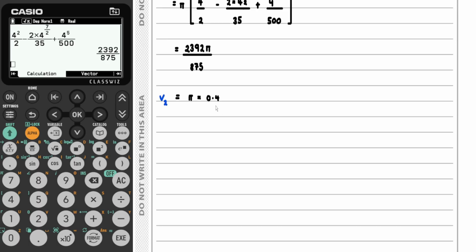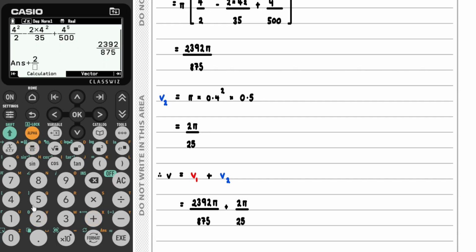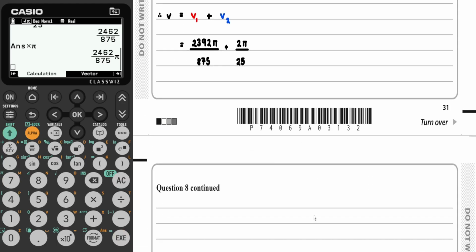So V2 will equal pi times 0.4 squared times 0.5, which is 2 pi over 25. So if I add on to this 2 over 25 and then multiply that by pi, what we will end up with is 2462 pi over 875.